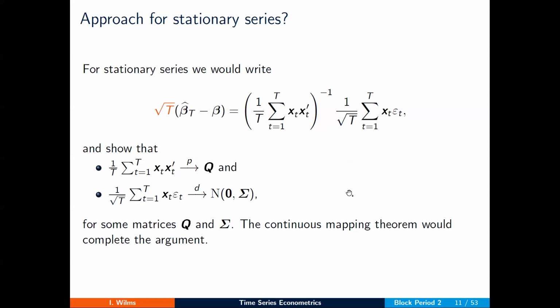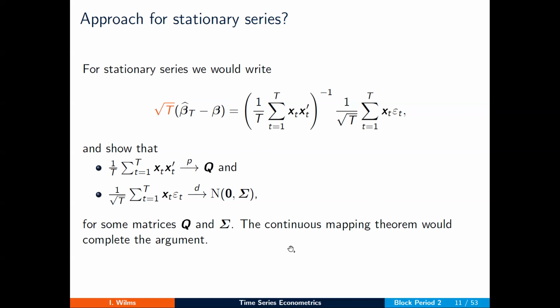Our next steps would then be to show that this converges in probability to, let's say, Q by the weak law of large numbers. We would use the central limit theorem to derive the limiting distribution of the other term. Then, to derive the asymptotic distribution of our estimator, we would combine both pieces through, for instance, the continuous mapping theorem.